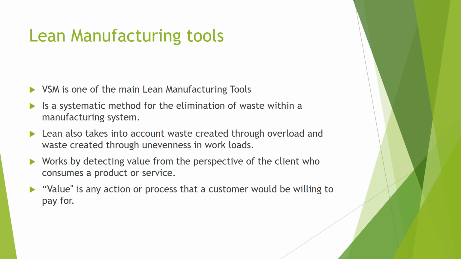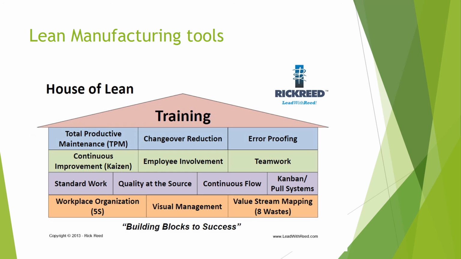So if you focus only on what is valuable for the company, most likely you will end up affecting the quality that the client perceives. So it is very important to know that if you're going to talk about value in lean manufacturing, you will have to talk about value from the perspective of our client, right? And value is any action or process that the customer would be willing to pay for, as I said before.